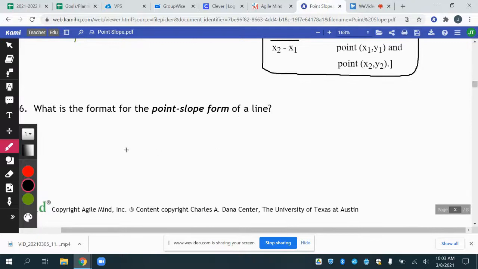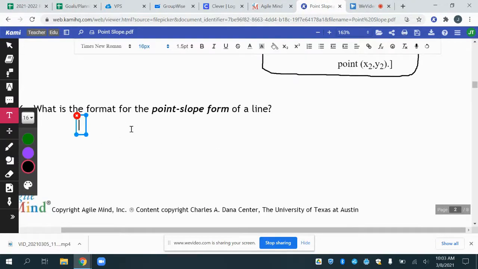Okay, now, what is the format for point slope of a line? The format for point slope of a line is y, or no, actually y minus y1 equals m times x minus x1.